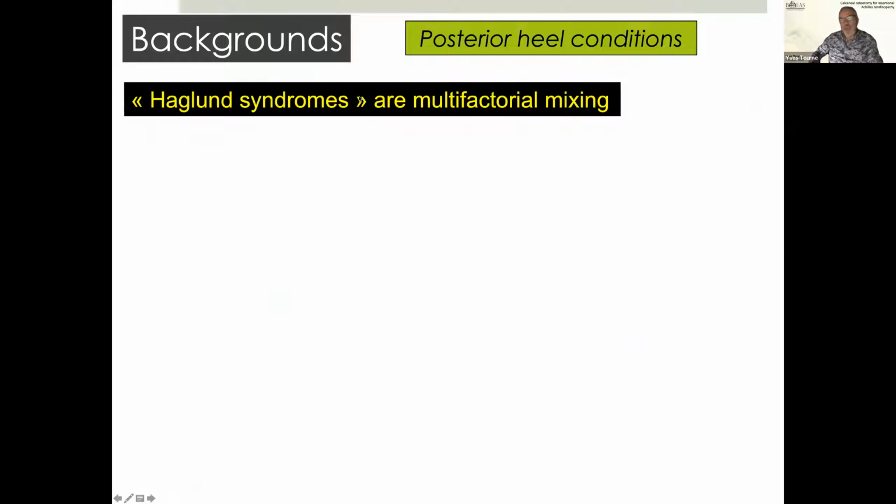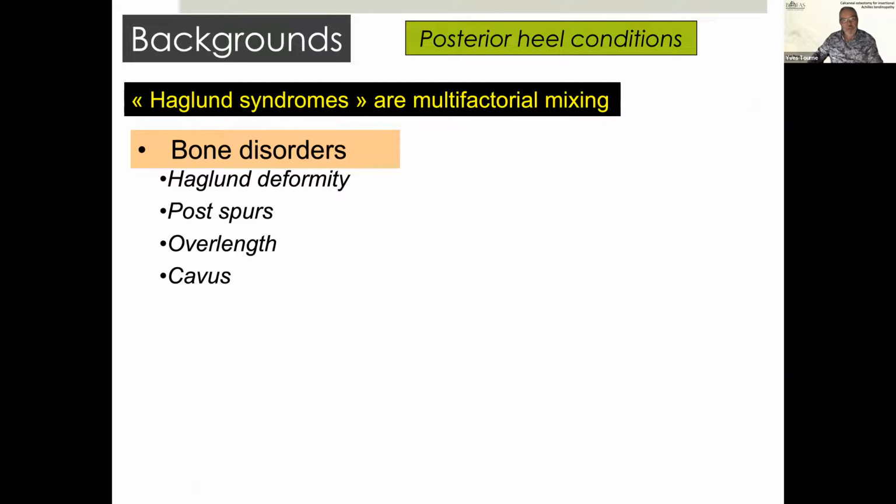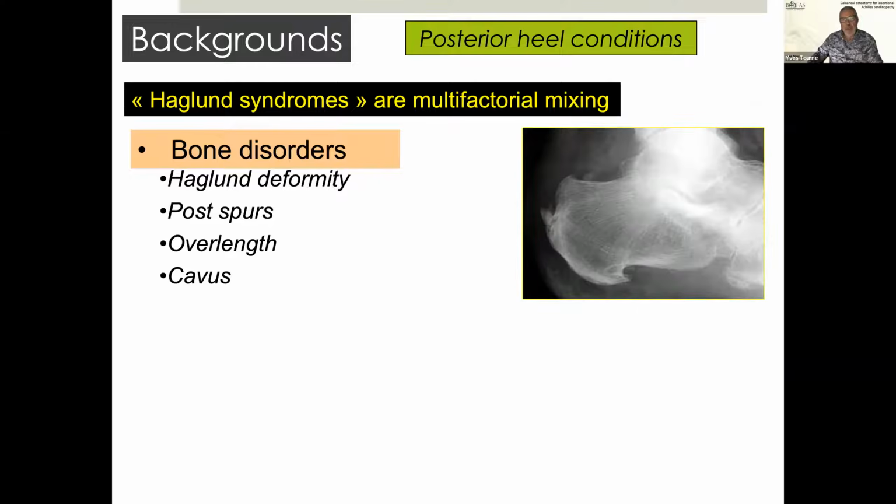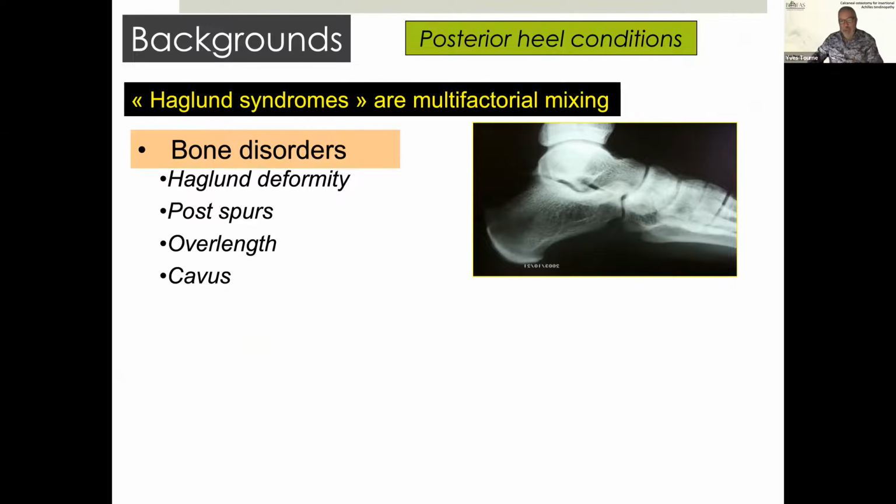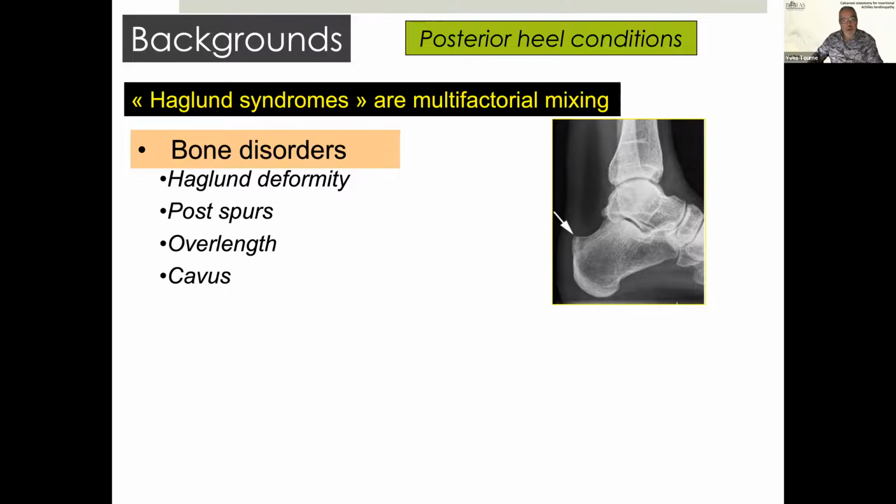So, what about insertional Achilles tendinopathy? You have to assess the posterior heel conditions. Haglund syndrome is multifactorial, mixing bone disorders, which are the Haglund deformity, the posterior spurs of the calcaneus, the overlength of the calcaneus, which we will speak about later, and the cavus foot also.